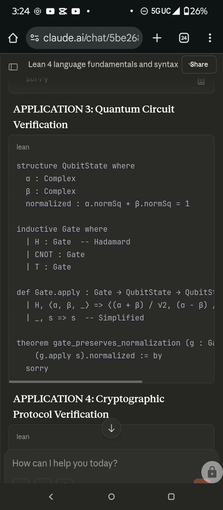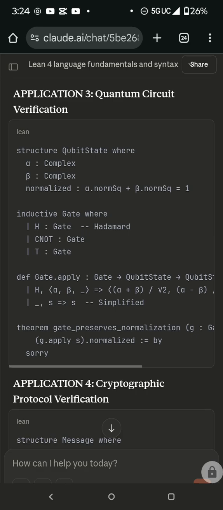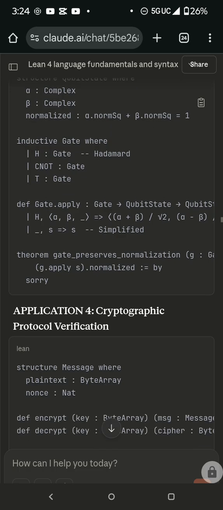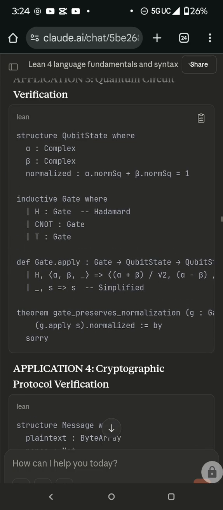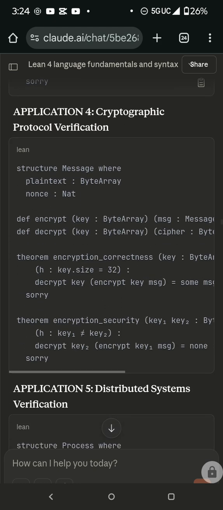Application 3, quantum circuit verification. Ooh, structure qubit state with things like this. Inductive gate. So like that, define gate apply. Theorem gate preserves normalization. I bet you there could be plenty of stuff like that. Application 4, cryptographic protocol verification.